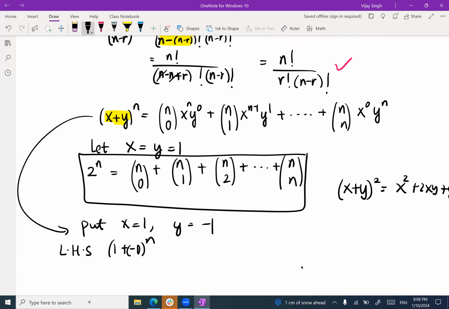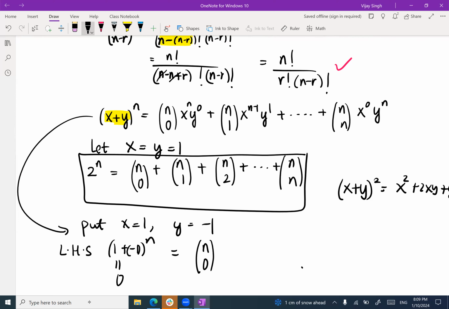0, which is 0. And that is equal to what? n choose 0, 1 to the power n, minus 1 to the power 0. Minus 1 to the power 0 is what? Is 1, right?